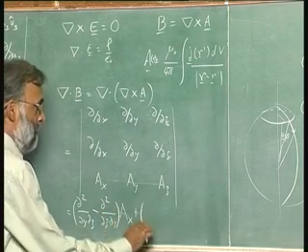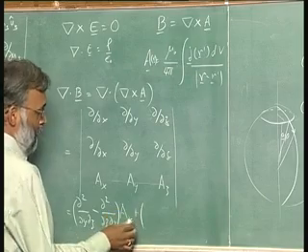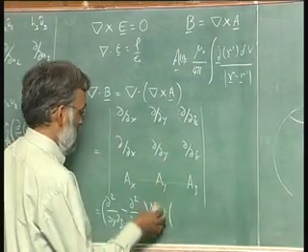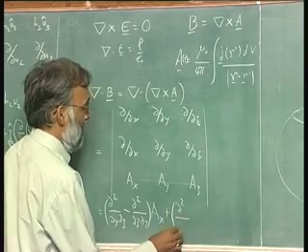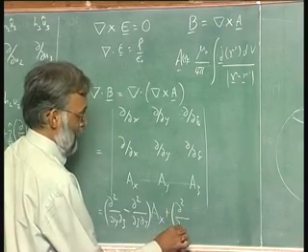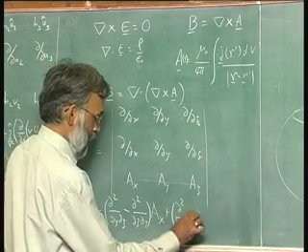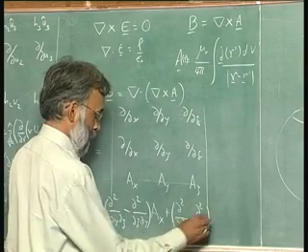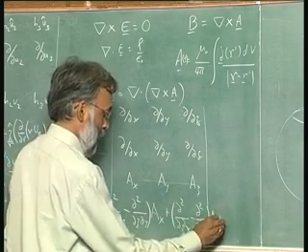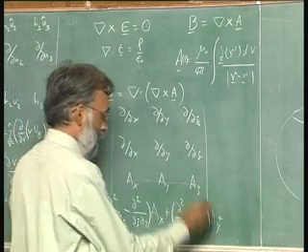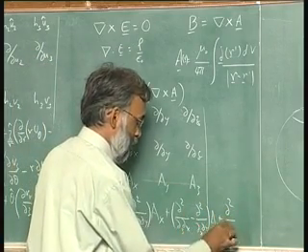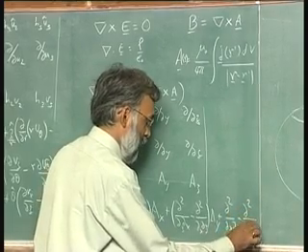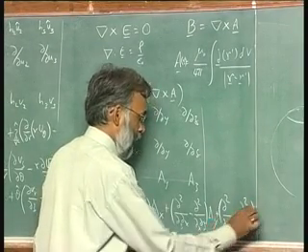Similarly, if you take A y, you will have to check the sign, I think it is del squared del z del x minus del squared del x del z A y, plus for A z it is del squared del x del y minus del squared del y del x acting on A z.